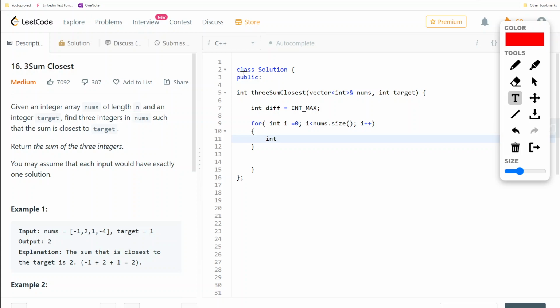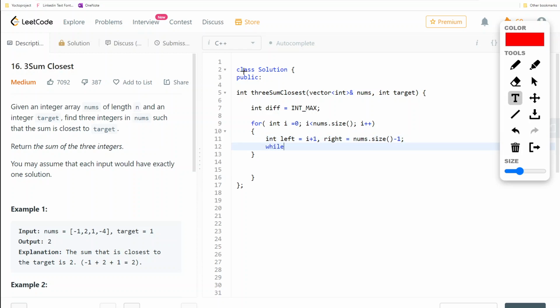So here we will be having left equals i plus 1 and then right equals whatever size we are having, so size minus 1. That is what we will be taking here.